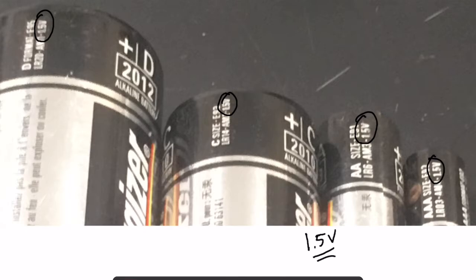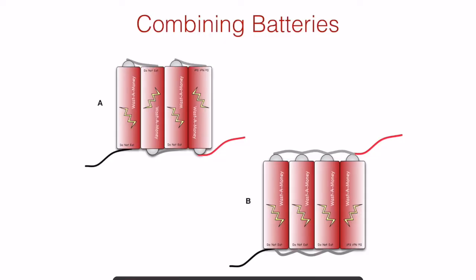The volume just helps to determine how much chemical is present, which will determine how long the battery is going to be able to last. Okay? The actual voltage is not determined by the size of the battery, but by the type of chemical reactions taking place. I want to remind you that we can combine batteries together to get higher voltages or longer life.